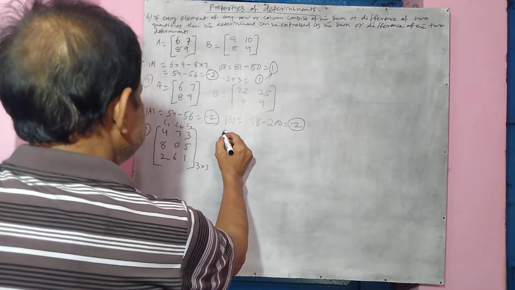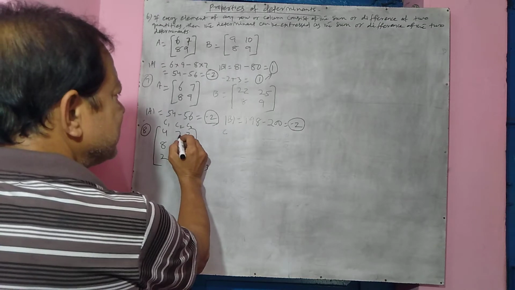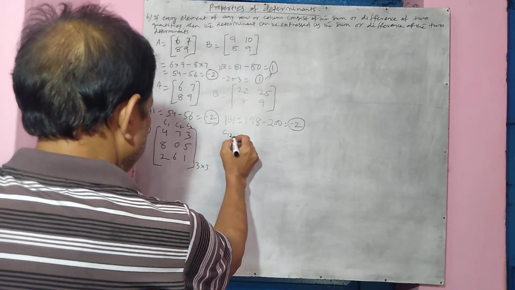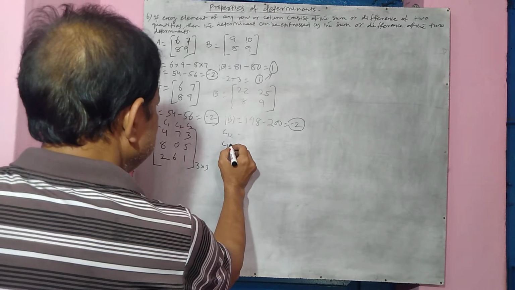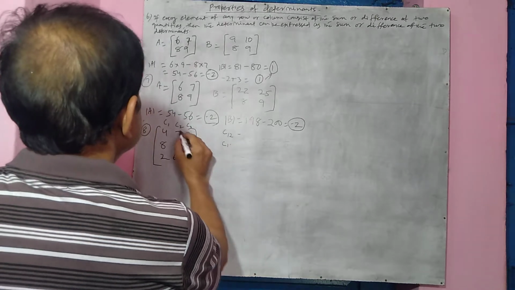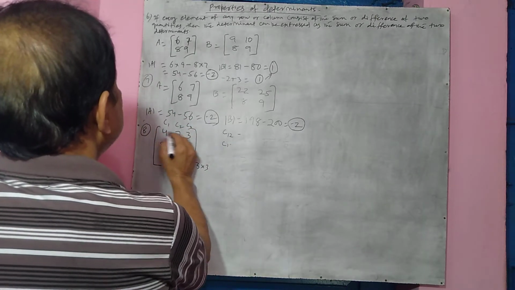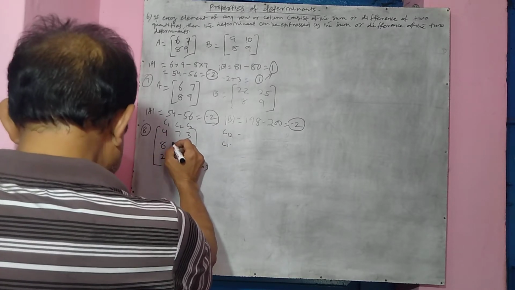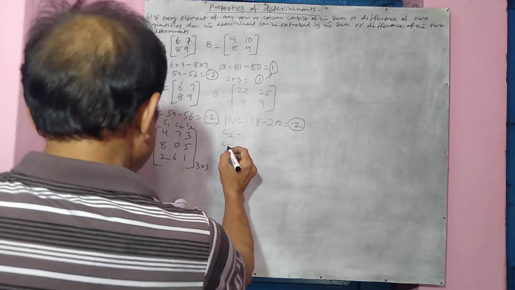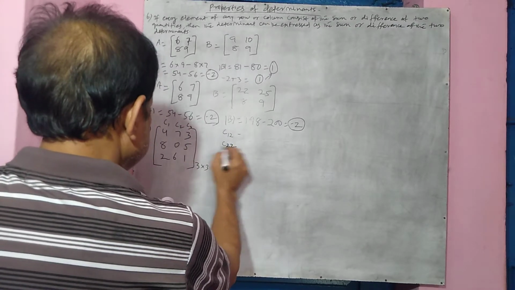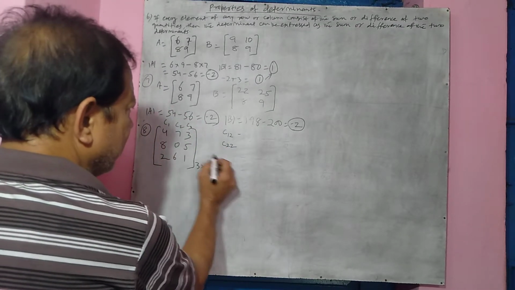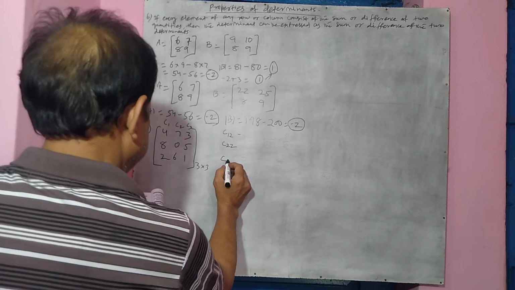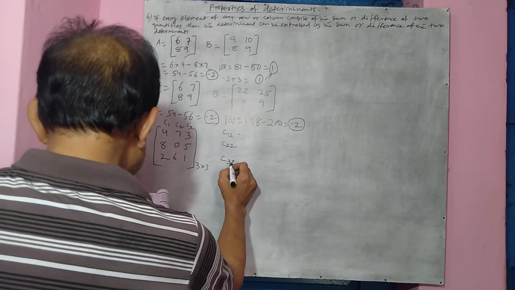So C, this one C1 2, first row second column, this is C2 2, this one is second row second column, and this is third row second column, C3 2.